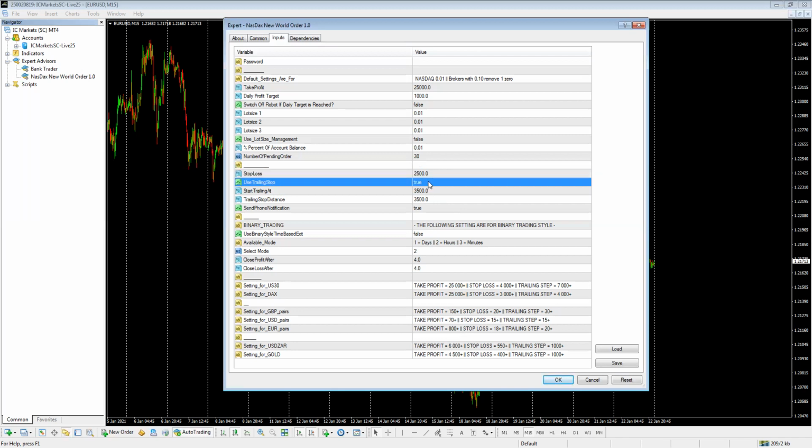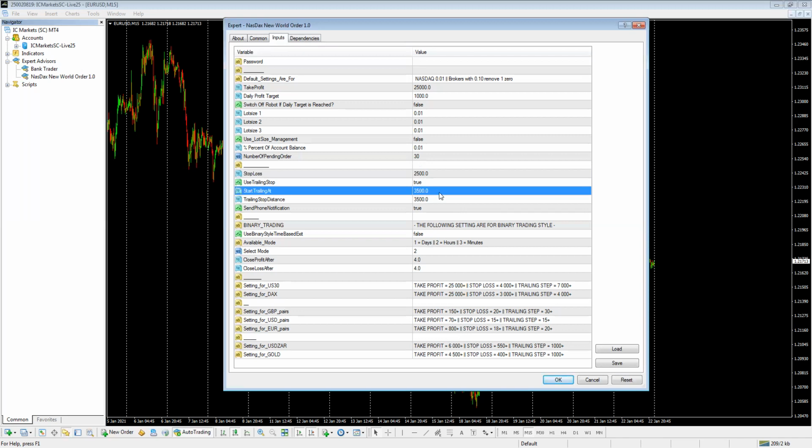Trailing stop, set it to true by default. If you don't want the robot to trail stop, you can always put it on false. For instance, someone who wants to swing trade can put this on false. Or you can leave it on true and just increase the trailing stop. Okay. The trailing start is how many pips you want the robot to wait before it starts trailing stops. That means the robot is moving in your favor by 3,500 points, pips.